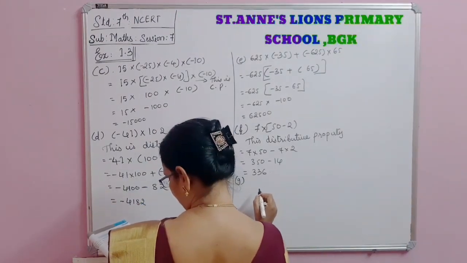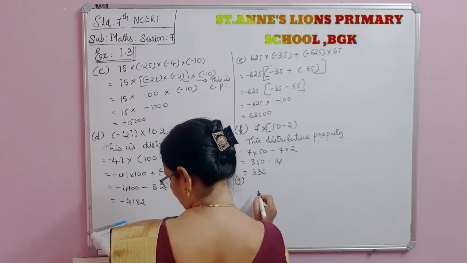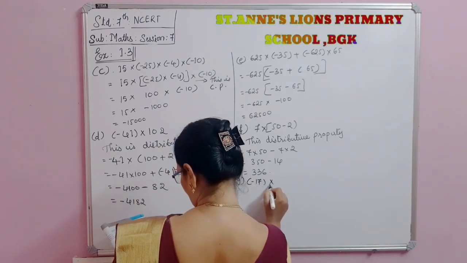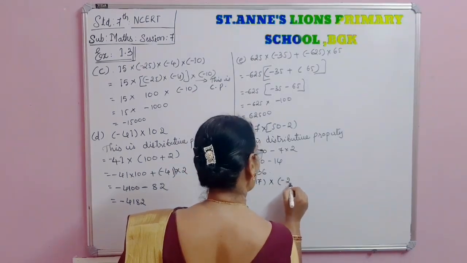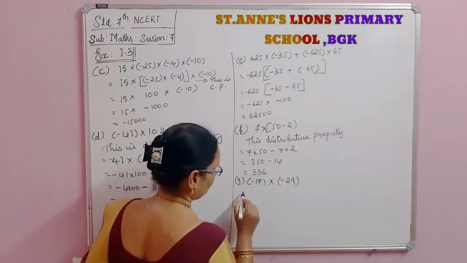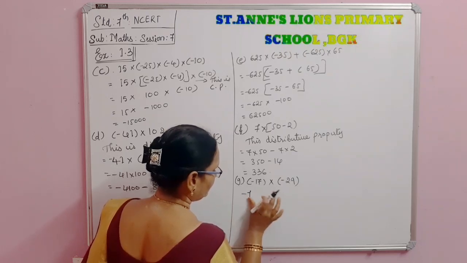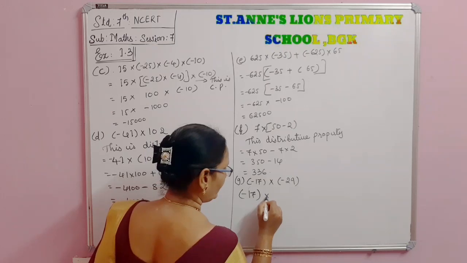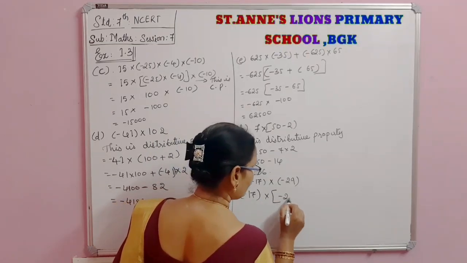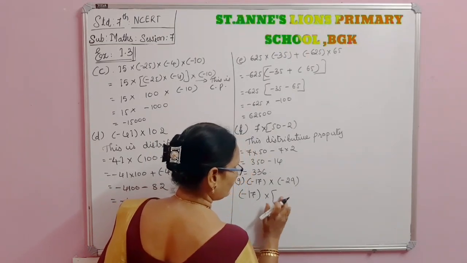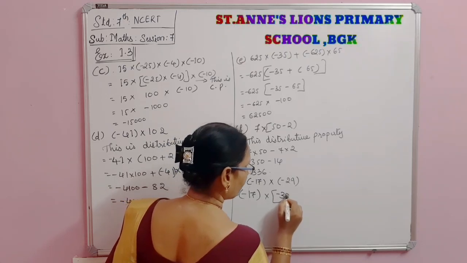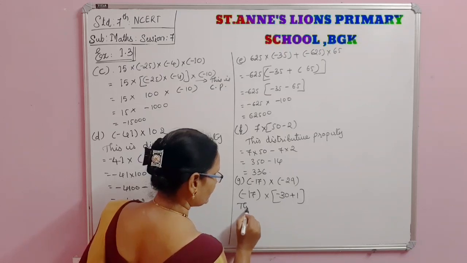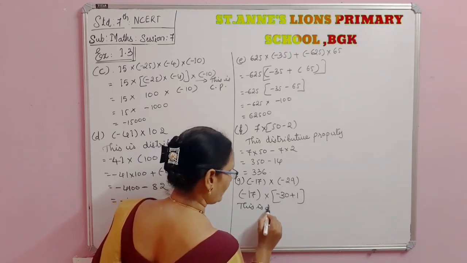Then next comes G. G is minus 17 into minus 29. So this also, you can write this one into distributive property. Minus 17 into, this can be written as minus 30 plus 1. So we get minus 29. So this is distributive property.